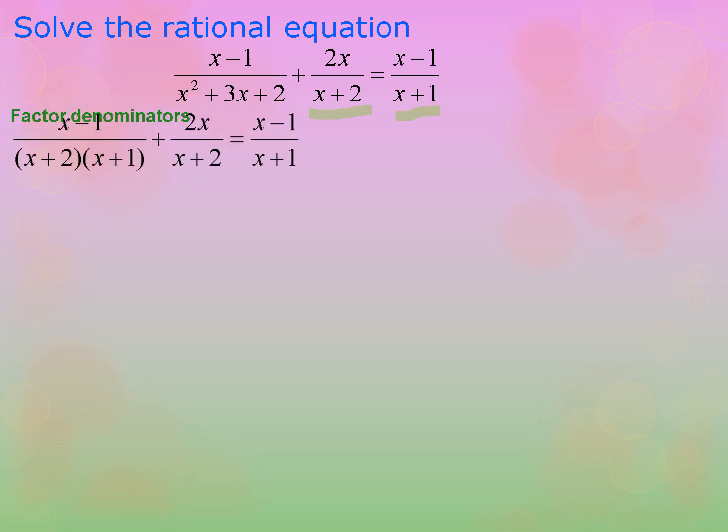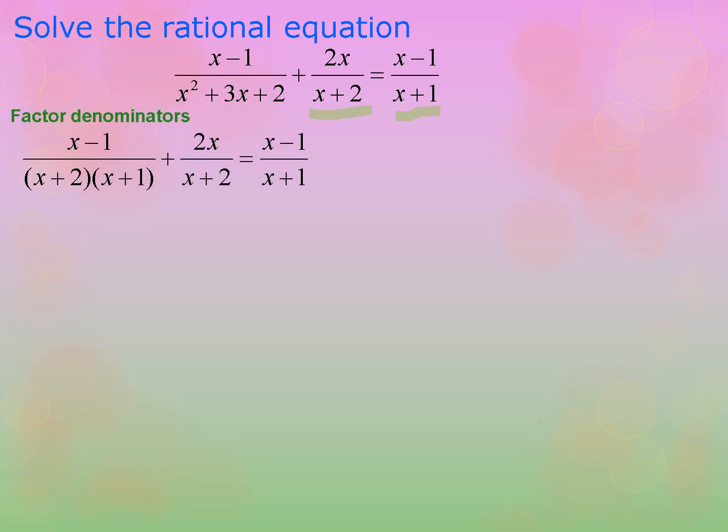So I get (x minus 1) over (x plus 2)(x plus 1) plus 2 over (x plus 2) equals (x minus 1)(x plus 1). Now, we are going to get the LCD. If you look right here, (x plus 2)(x plus 1) already takes into account these guys.